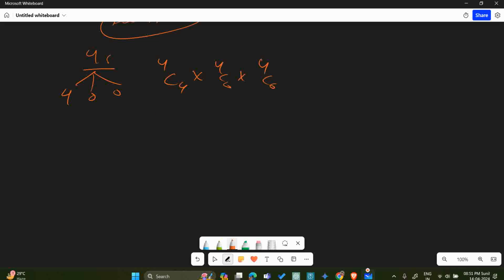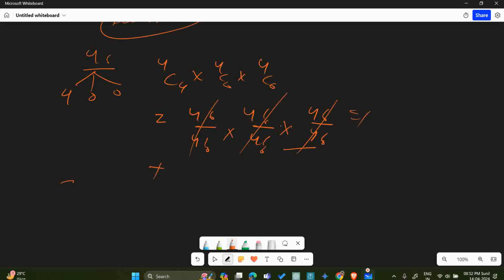How is it 4 factorial upon 4 factorial into 4 factorial upon 4 factorial, right, into 4 factorial upon 4 factorial. This is all one case, plus the second case is 310.